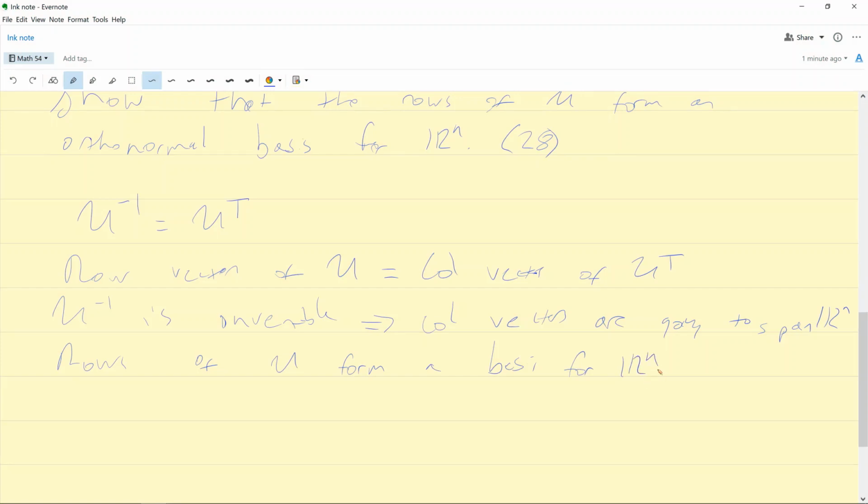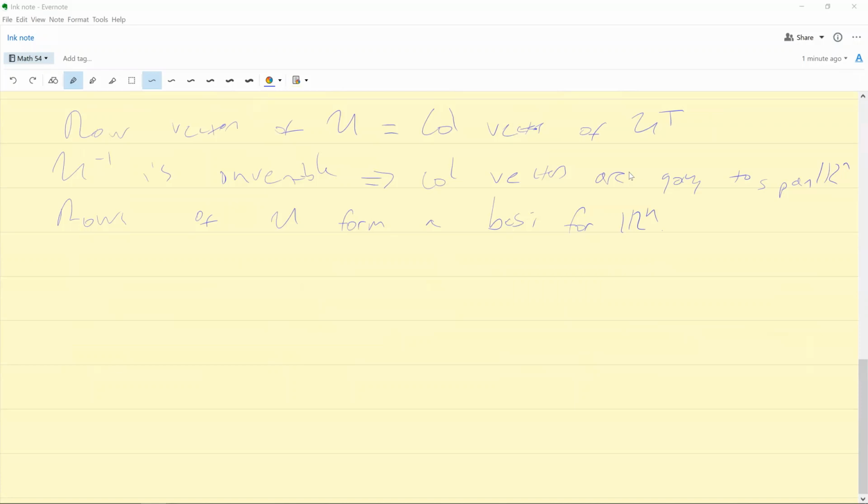But we need to check that this basis is actually orthonormal. How do we check that these column vectors we have are actually orthonormal? There's the theorem where the column vectors are orthonormal whenever U transpose U is equal to the identity.